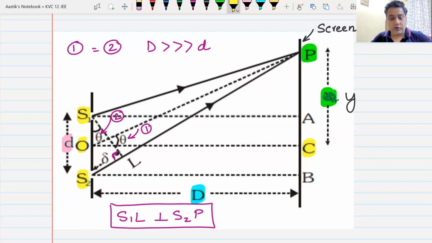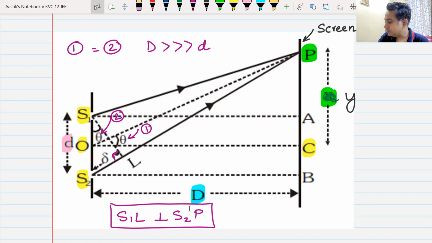Yes. Okay. Now remember what I said is our purpose. The purpose of this entire discussion is to find out what is going to happen at P, whether we will have a dark fringe or whether we will have a bright fringe. That is my entire objective of what we are going to do.